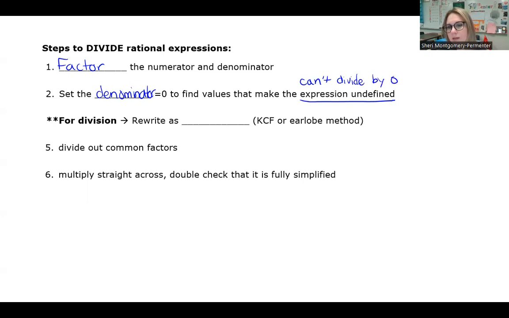You can't divide by 0. We have to do this in the beginning and we have to do it in the end when we are dividing. For division, we will rewrite as multiply.